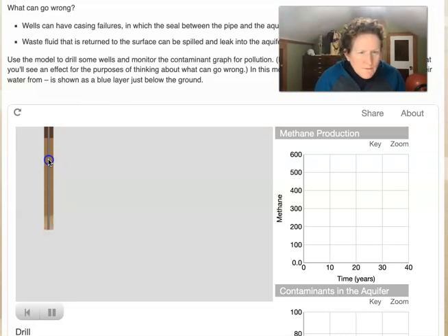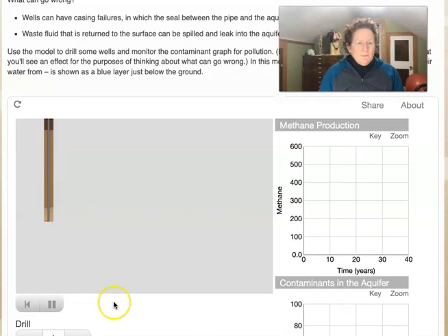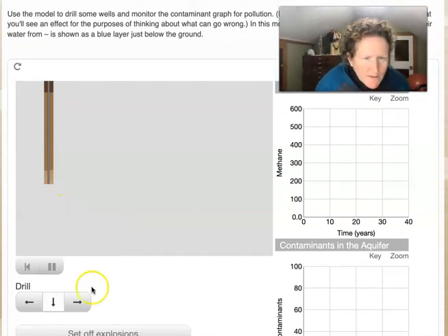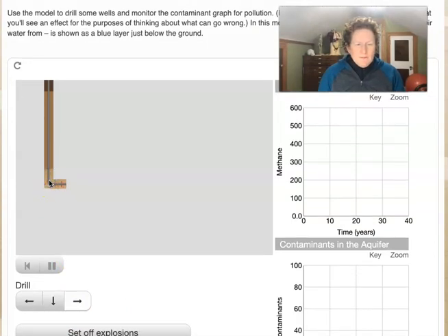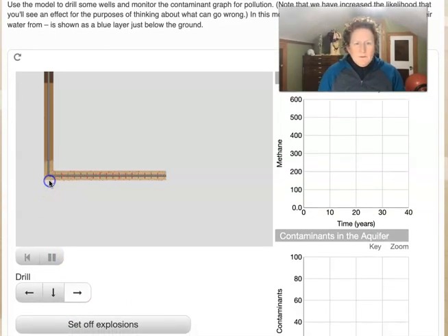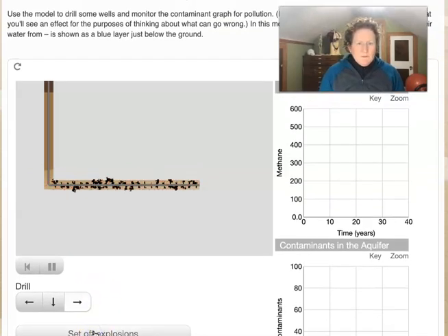We're looking for a layer with red dots. So there's our layer with red dots. You can just barely see them there. Now we're going to drill right, but not too far right, because we want to give ourselves enough room to put another well down under this one. So we'll set off some explosions.